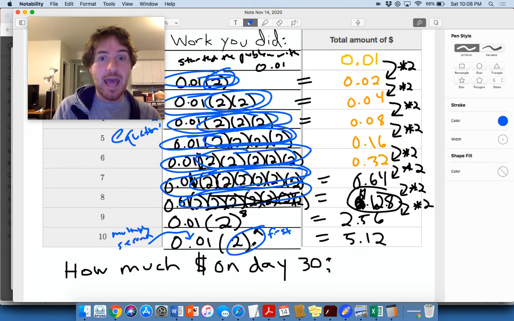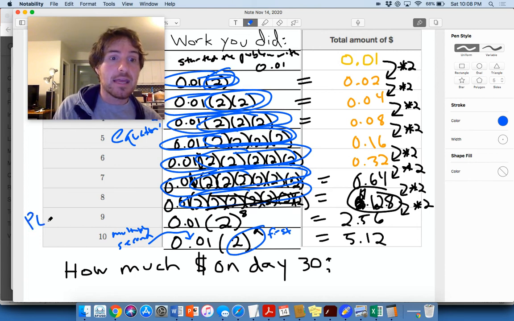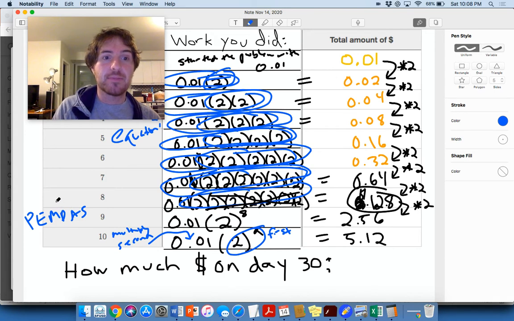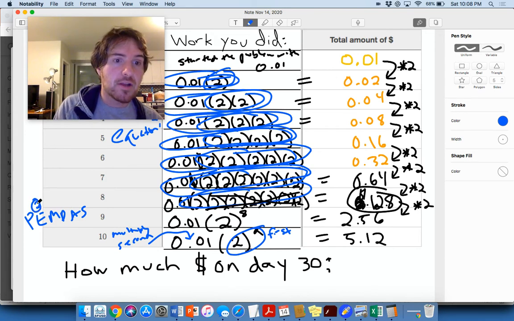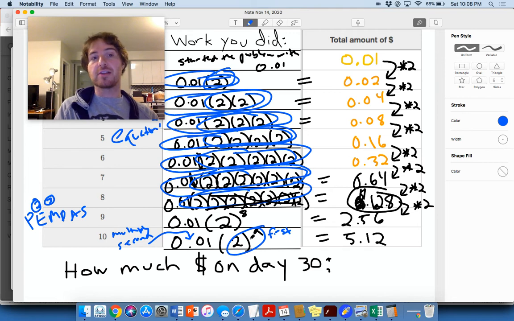Again, in the PEMDAS order of operations for evaluating or simplifying something, the exponent is the second thing you do after parentheses, and there's nothing to simplify in parentheses here. So exponent and then multiplication is the third thing you do. You'd have to do exponent first and then multiplication afterwards. Hopefully that makes sense.